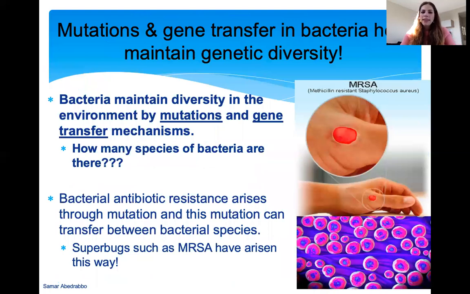So bacteria maintain their diversity again through mutations and gene transfer, and there are so many species of bacteria because of this. I'm going to end this lecture talking about MRSA. MRSA is methicillin-resistant Staphylococcus aureus. Methicillin is an antibiotic, and Staphylococcus aureus is a type of bacteria.